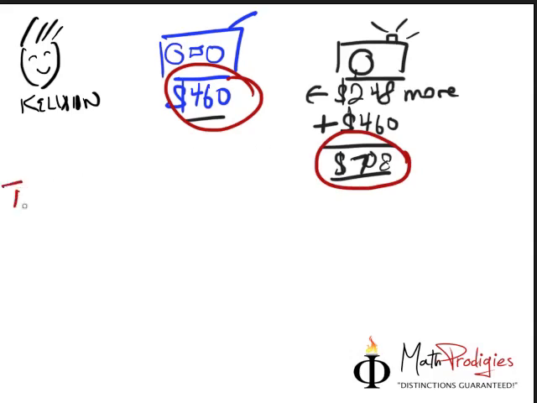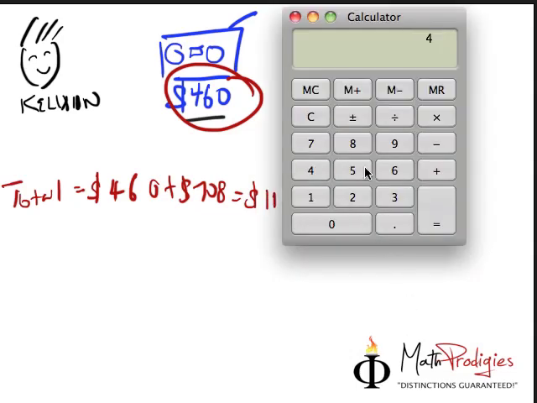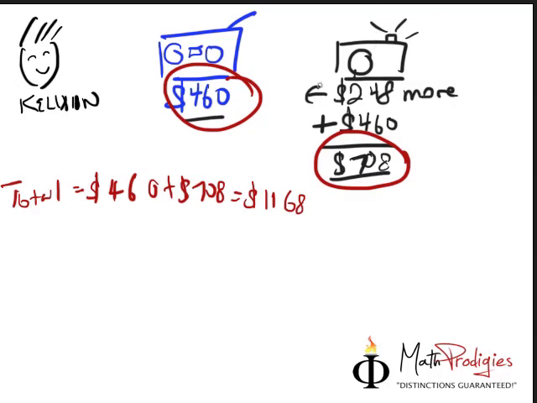Total spending equals 460 plus 708, and that answer is 1168. Let me check just to be sure. 460 plus 708, 1168. I am right. Okay, so that means this total amount is 1168.